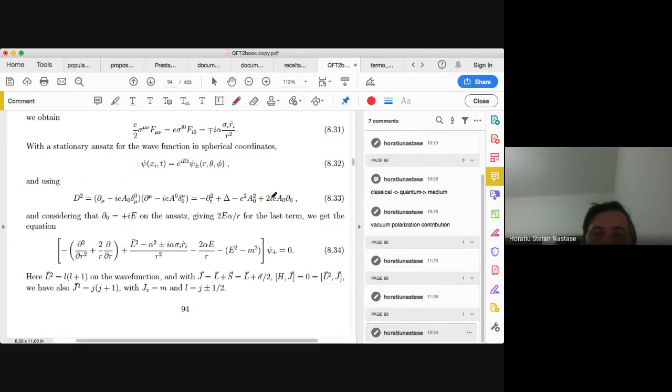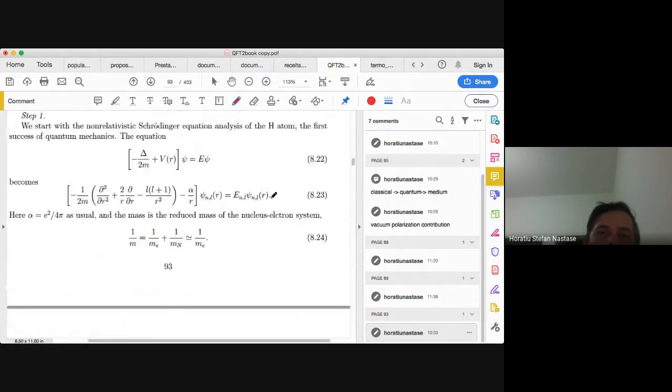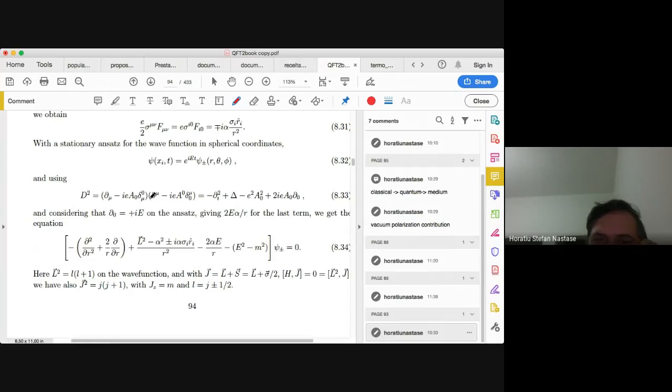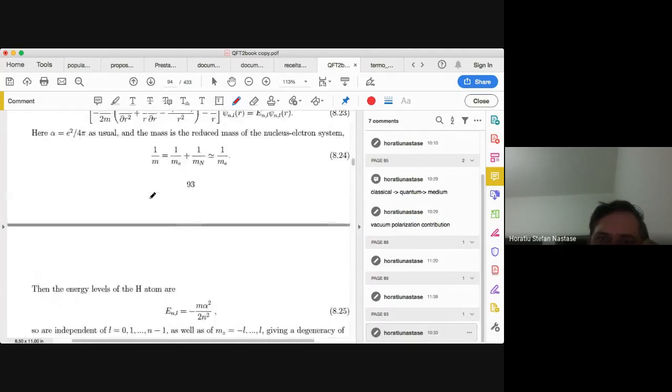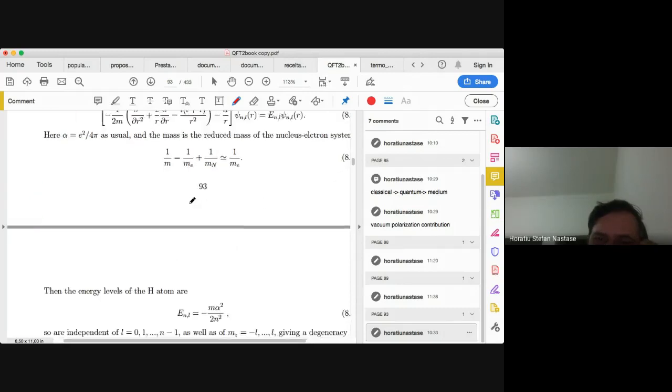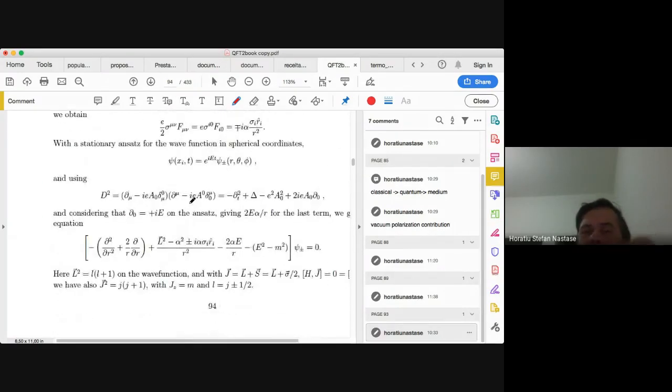So substituting this, remember the equation, minus delta over 2m is this thing. And minus L plus 1 is also L, the angular momentum vector squared. We obtain this equation. So this last term is this one. This is the radial part that I had already.